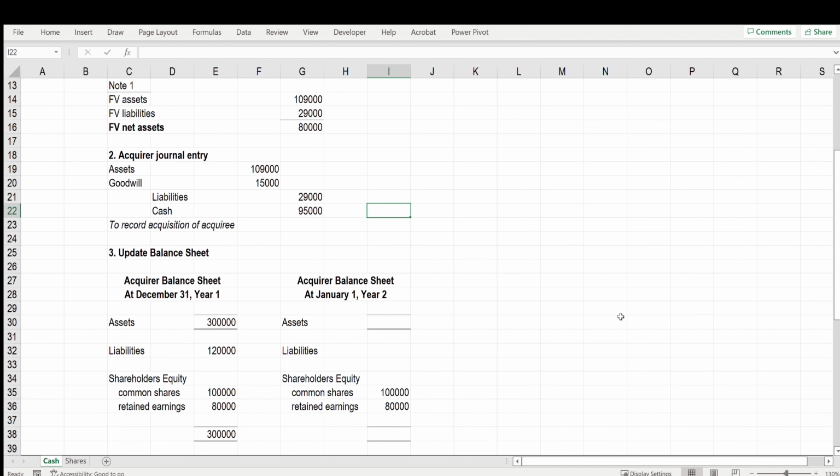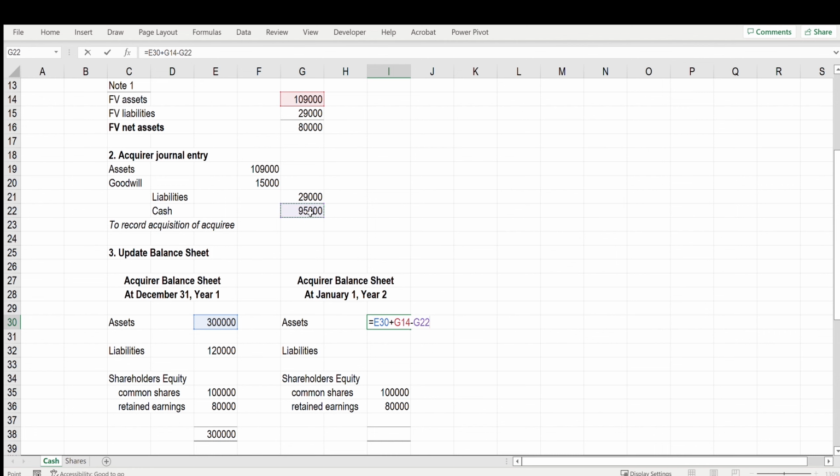But now we need to update it because Cake has acquired Cookie Company. The assets are going to be $300,000 plus the assets that we acquired, the fair value of the assets. And remember, we paid cash, so we have to subtract the $95,000 that we paid.